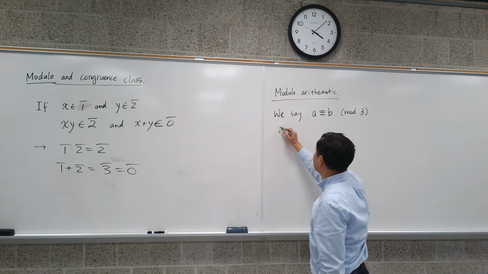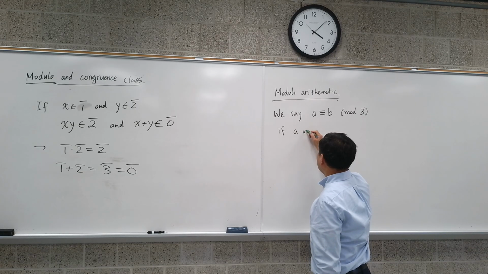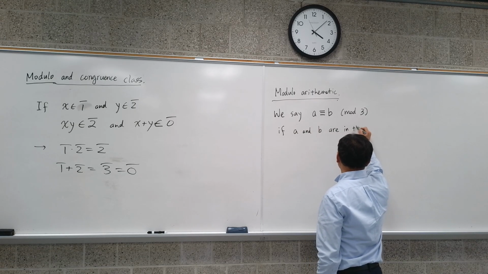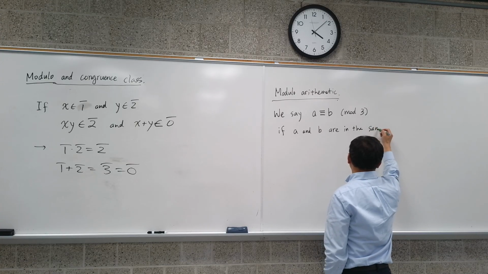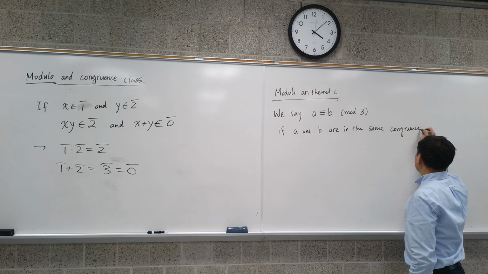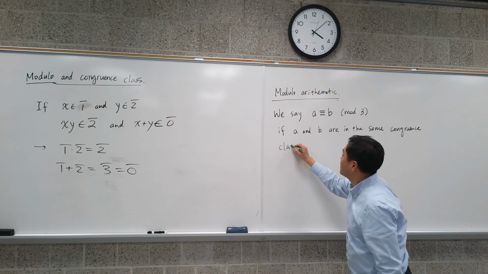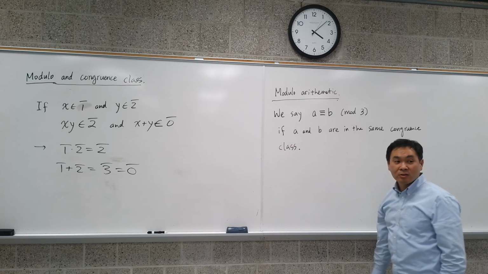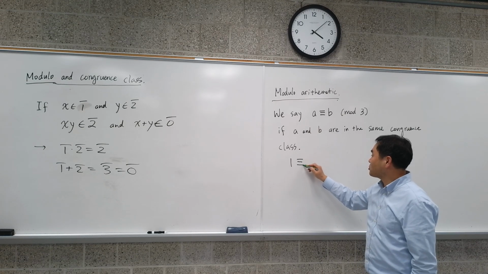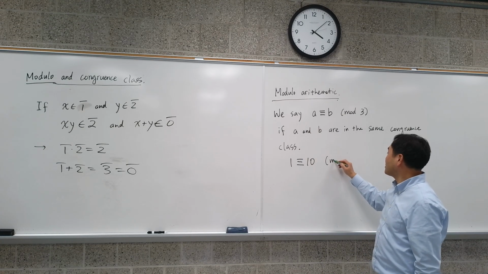If A and B are in the same congruence class. So as an example, we can say 1 is congruent to 10 mod 3.